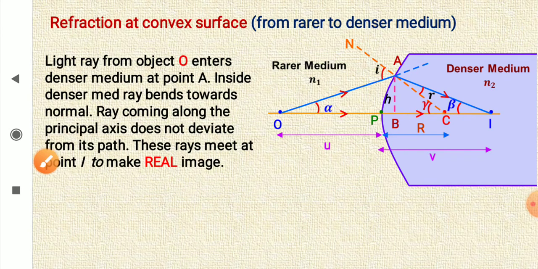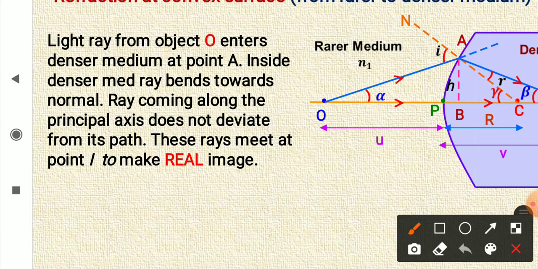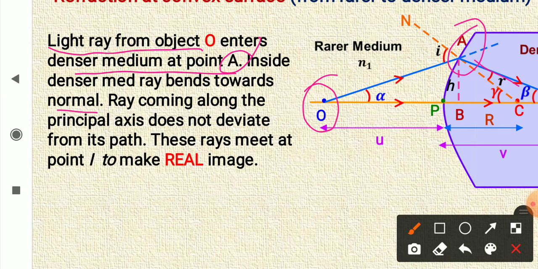Okay, so I hope you understand this working of formation of image. So let us read it. Now, a light ray from object O enters the denser medium at point A. Right? Inside the denser medium, the ray bends towards the normal, as you can see.